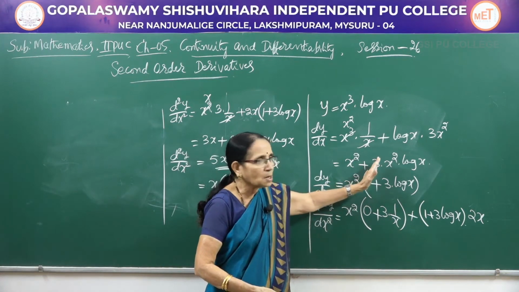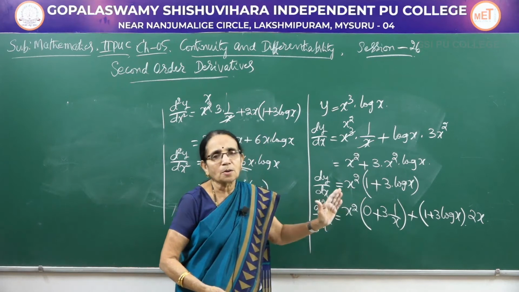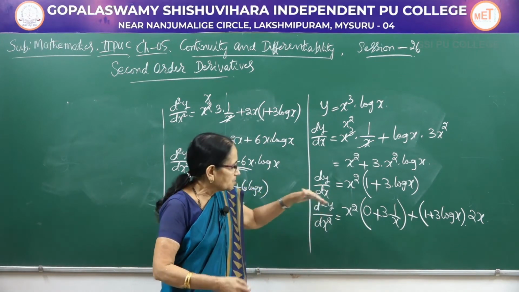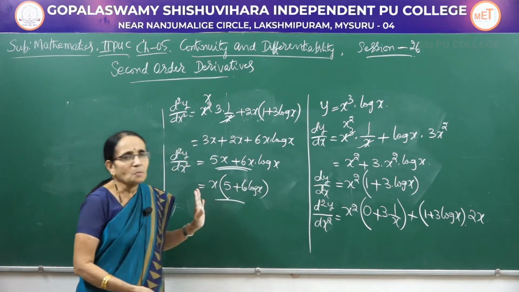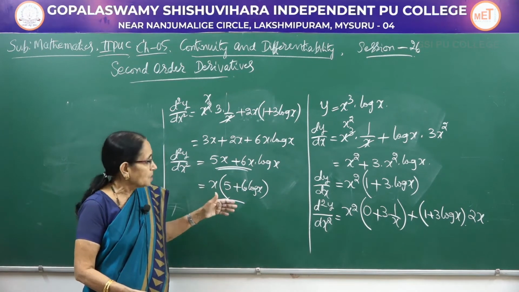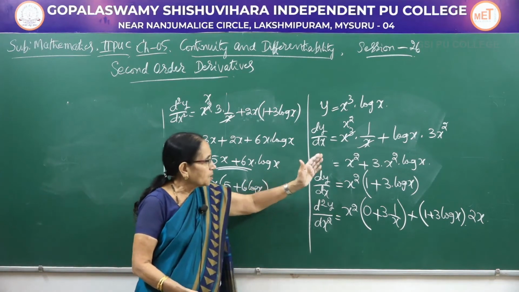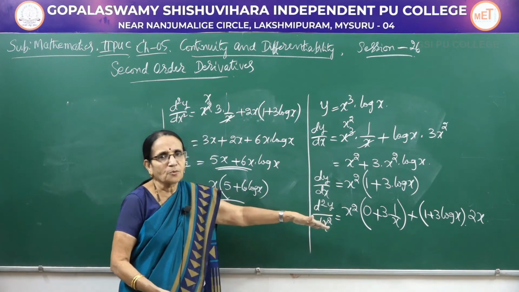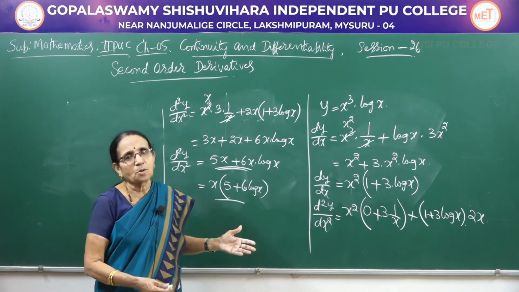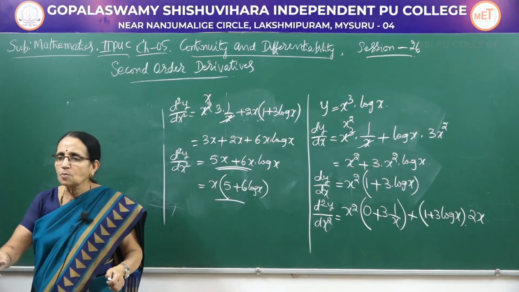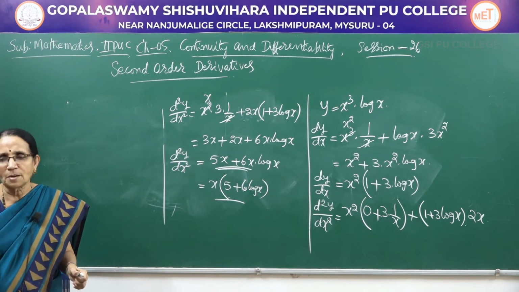For 3, keeping that outside, for x square into log x, you have to apply the product rule, and simplifying, you will be getting the same answer. The answer would be the same, but the methods would be different. So either you can take the common factor, then go for differentiation, or as it is you can do the differentiation. Both ways you are getting the same answer.